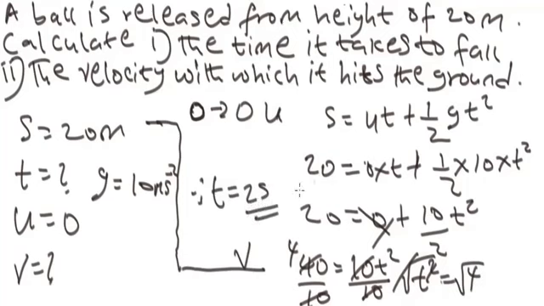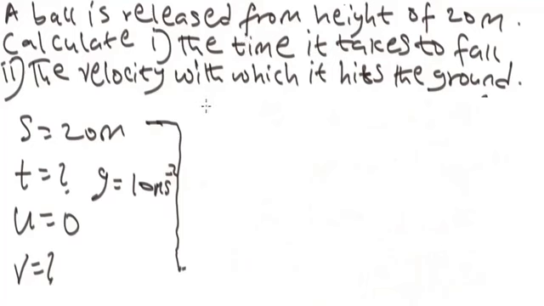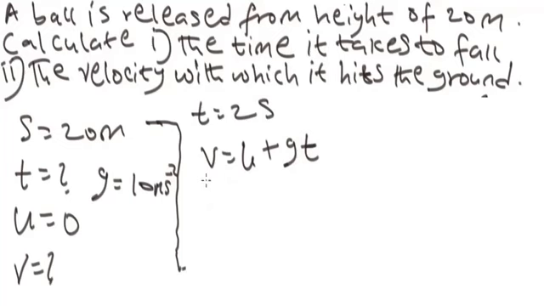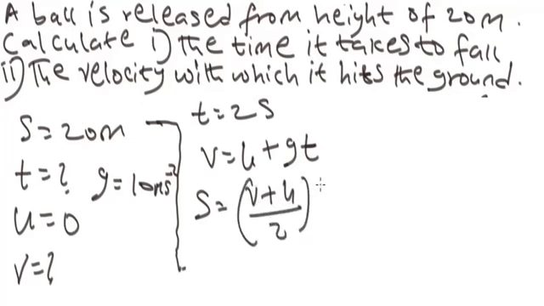Now let's wipe this and solve for the velocity with which it hits the ground. We now know our t is 2 seconds. To get the final velocity v, we can either use v equals u plus gt, or we can use x equals (v plus u) over 2 times time.